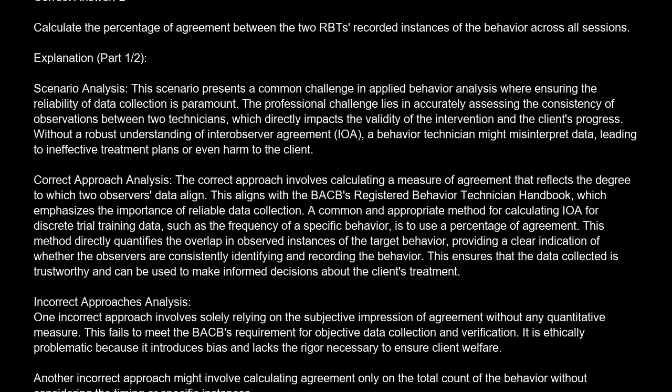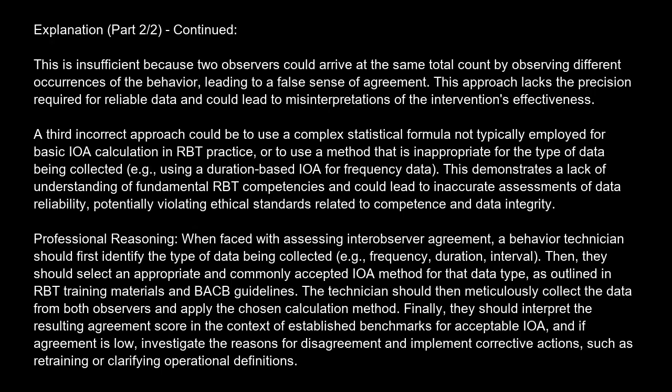Another incorrect approach might involve calculating agreement only on the total count of the behavior, without considering the timing or specific instances. This is insufficient because two observers could arrive at the same total count by observing different occurrences of the behavior, leading to a false sense of agreement. This approach lacks the precision required for reliable data and could lead to misinterpretations of the intervention's effectiveness.